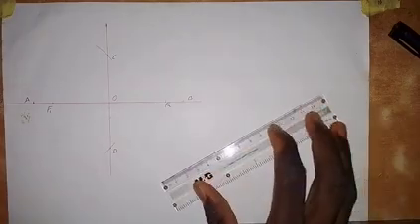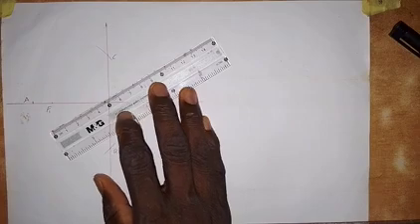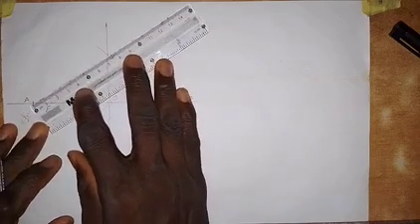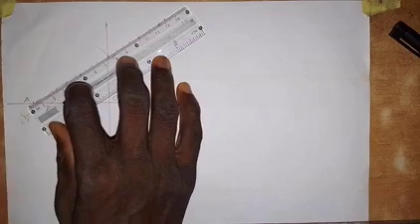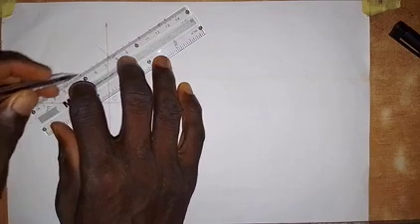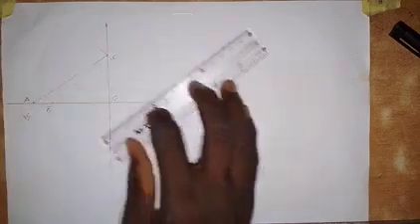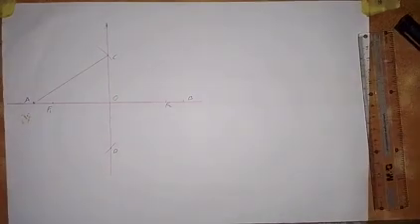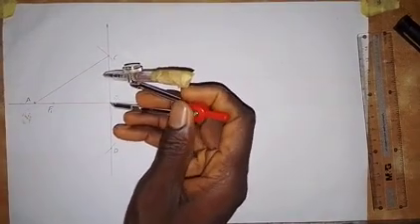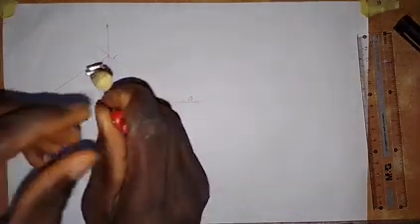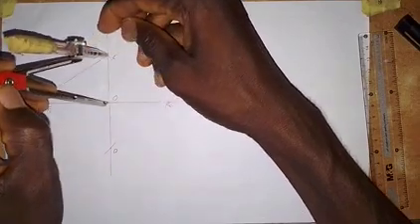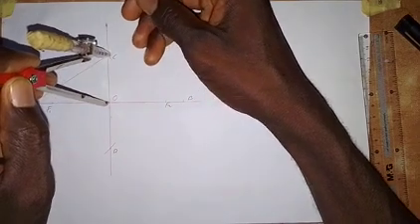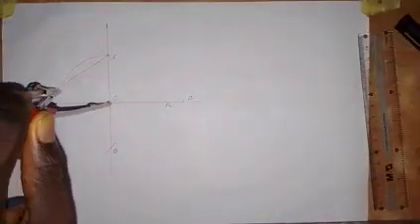Then the next thing that we are going to do is join AC together, like this. Then with center O, putting the pinpoint of my compass at O and extending it to point C, I'm going to draw an arc like this.